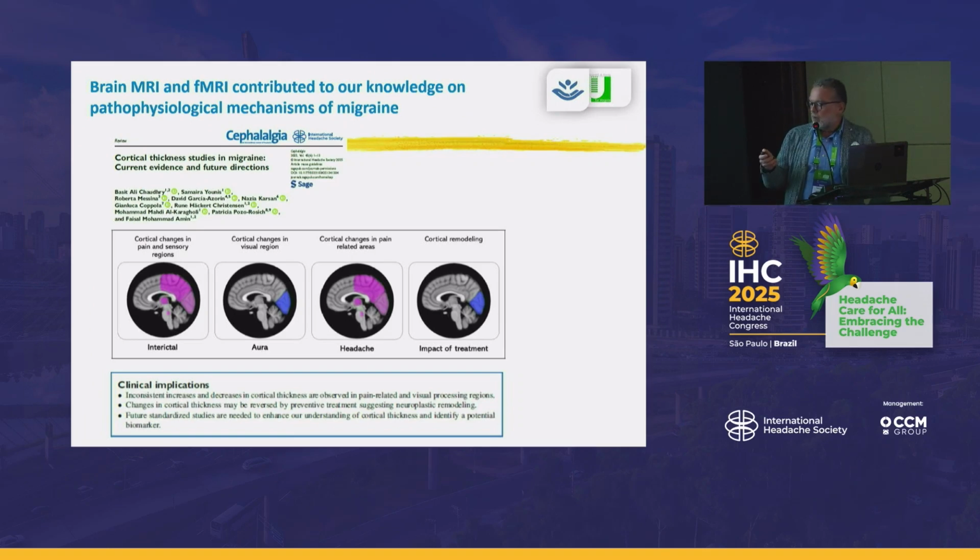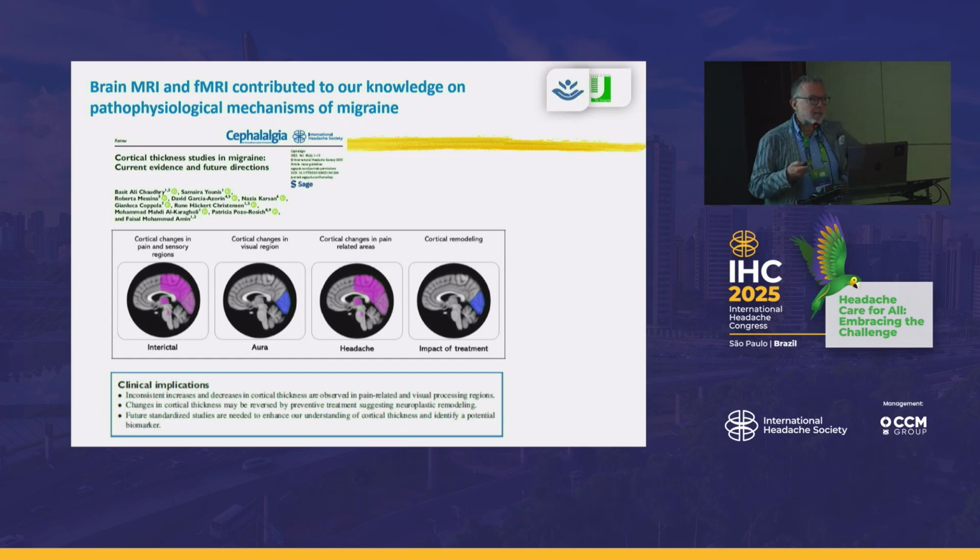You see that modifications of the cortical thickness have been demonstrated in several brain areas in both the interictal and ictal phase of migraine and even during the aura. Interestingly, some of these modifications can be reversed, probably being directly linked to the neuroplasticity capabilities of our brain.